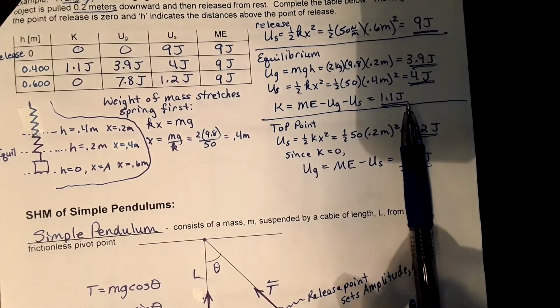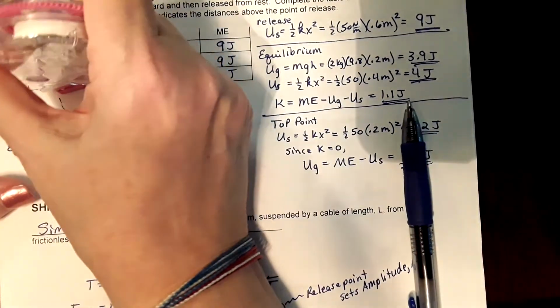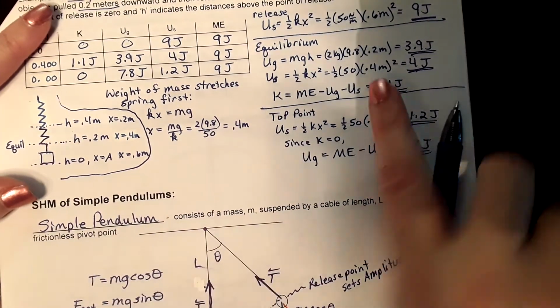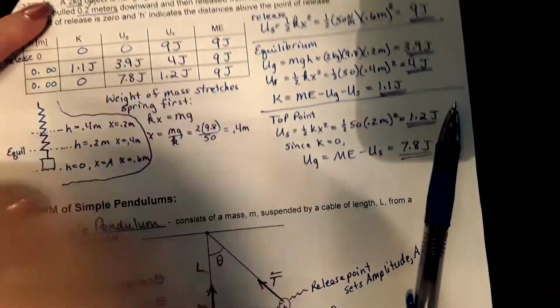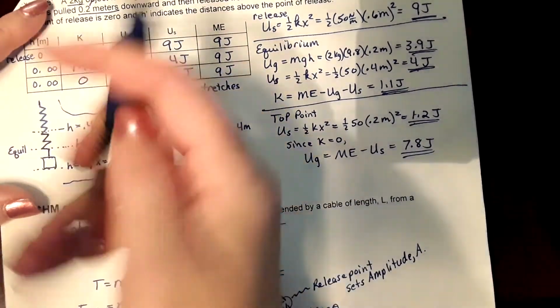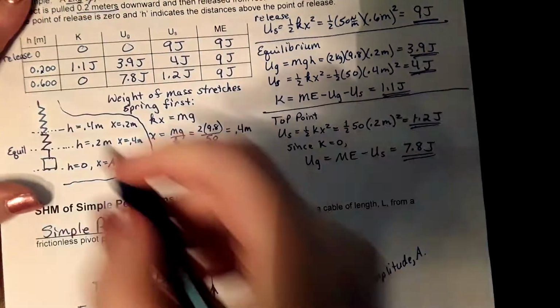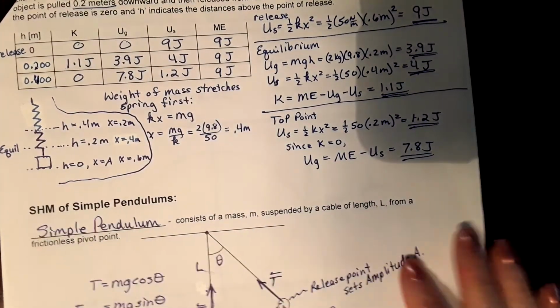So I do need to change that. In fact, that's incorrect also. These are supposed to be by height: 0 height, 0.2 meters, 0.4 meters. I didn't notice that. Well, I did it again. There we go.